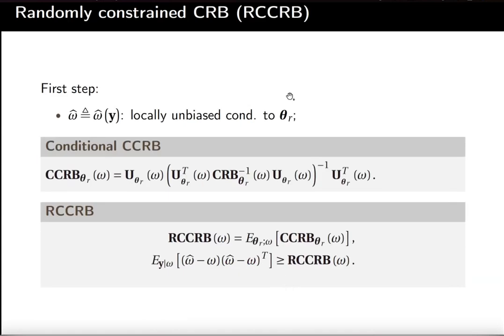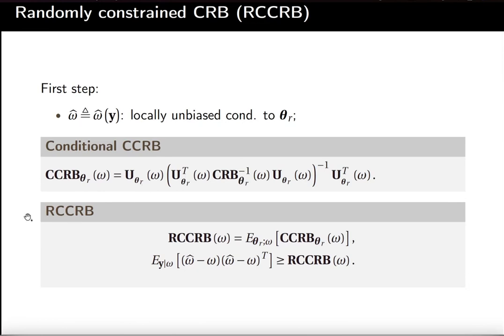Let me quickly explain now how I computed the randomly constrained Cramer-Rao bound. The first step to obtain this bound was to consider a locally unbiased estimator conditionally to the value of this random parameter that's bothering us here. After some derivation, we can obtain the expression of the conditional constrained Cramer-Rao bound, conditional, of course, to the value of this random parameter.